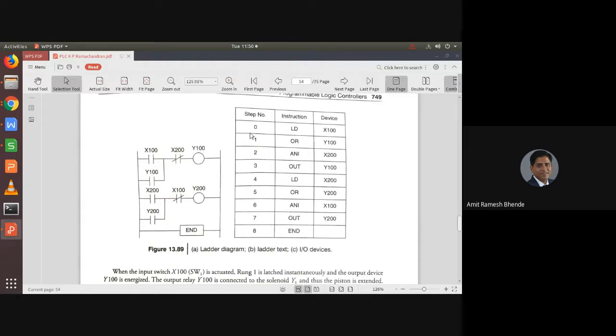Okay? So these are the steps in which this entire operation takes place. The first step is pressing the X100 switch. Because of this X100 switch, and because of the relay of the first solenoid valve, the Y100 is energized.